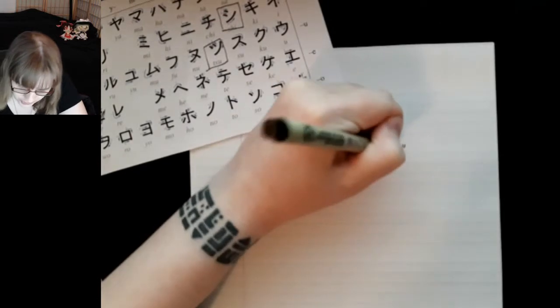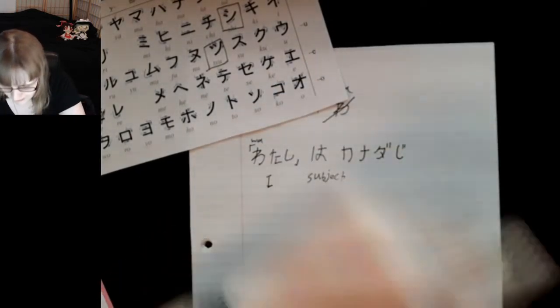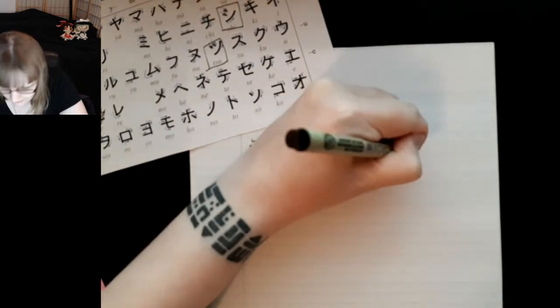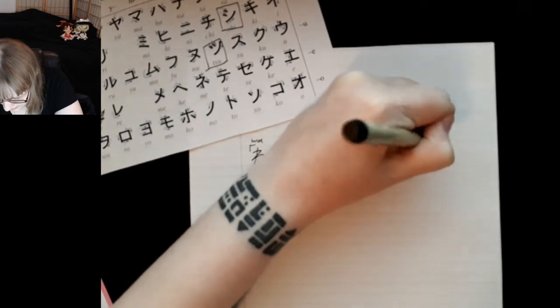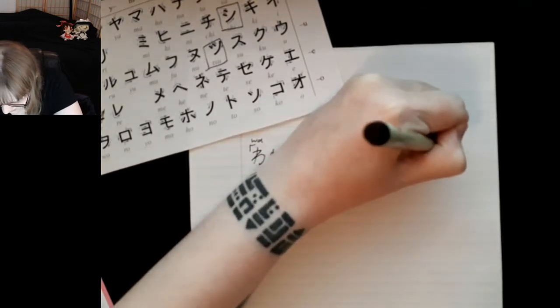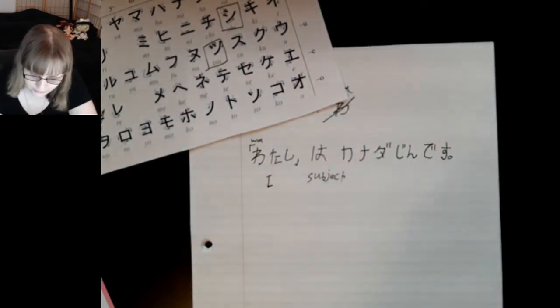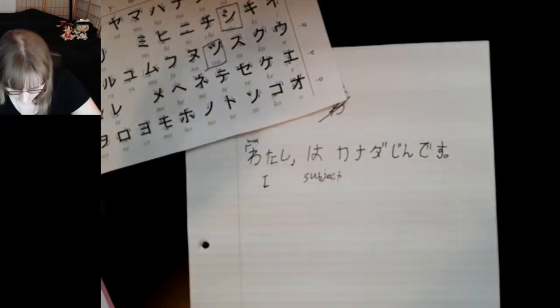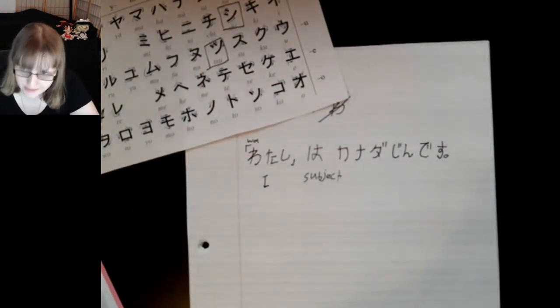We use the shi letter with a dakuten to turn it into ji, and then jin. And then we end our sentence with desu. Congratulations, we've written our first sentence in Japanese legitimately. Watashi wa Kanada jin desu. I am Canadian.